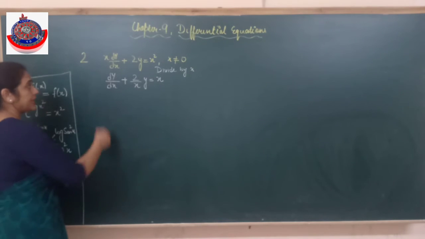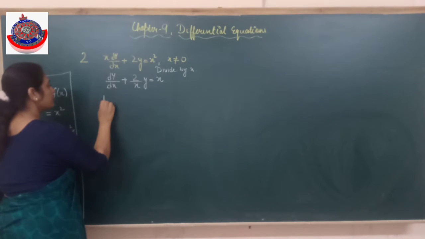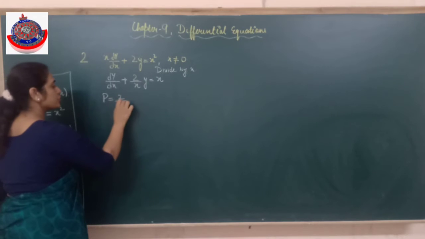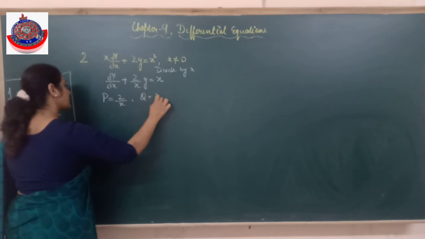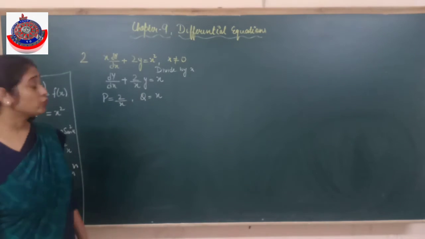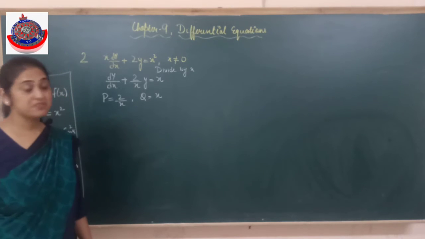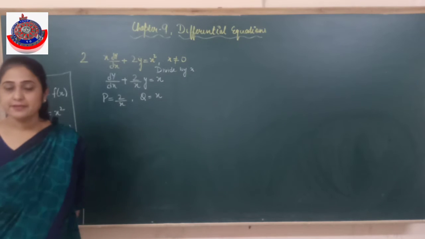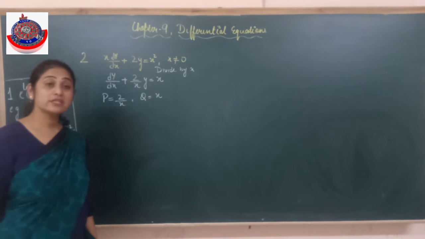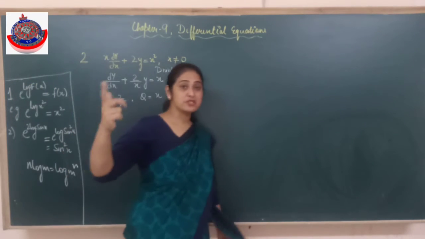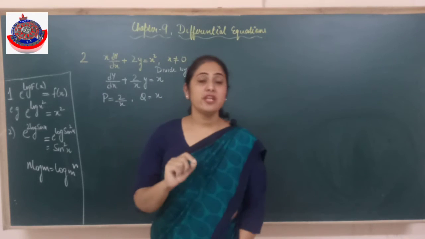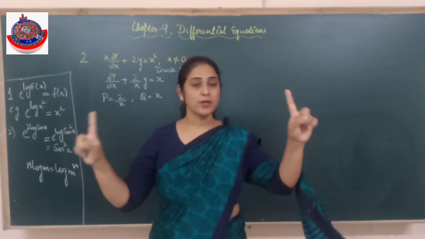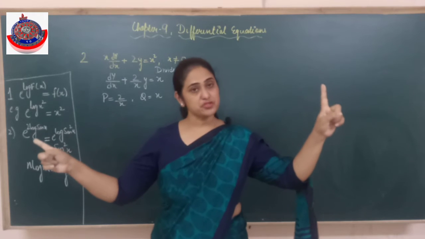Now I can compare with the form. Therefore p is equal to the coefficient of y. Another thing we learn: there are two forms, dy upon dx and dx upon dy. In dy upon dx, there is a single y and all terms are in x, and in dx upon dy, there is a single x and all terms are in y. Because the form is dy upon dx plus py is equal to q, where p and q are either constants or functions of x.